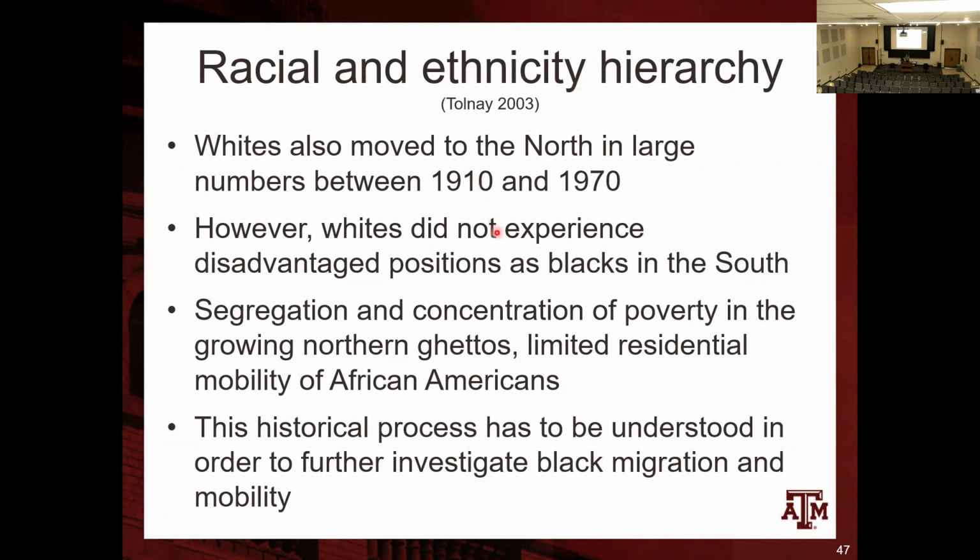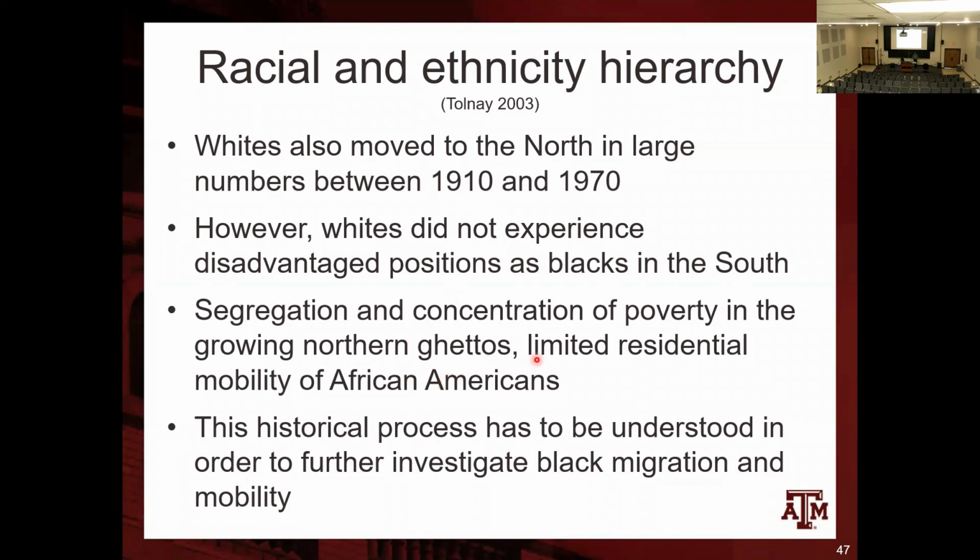Whites also moved to the north in large numbers between 1910 and 1970. However, whites did not experience these disadvantaged positions as Blacks in the South. So when they moved from the South to the North, they already had, on average, better socioeconomic conditions. Segregation and concentration of poverty in the growing northern ghettos limited residential mobility of African Americans.